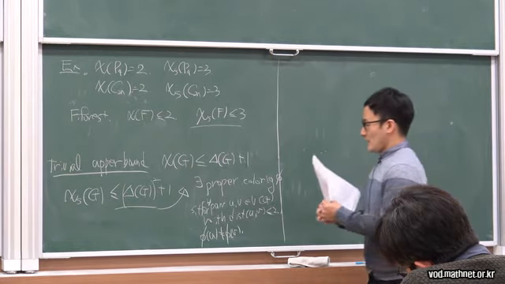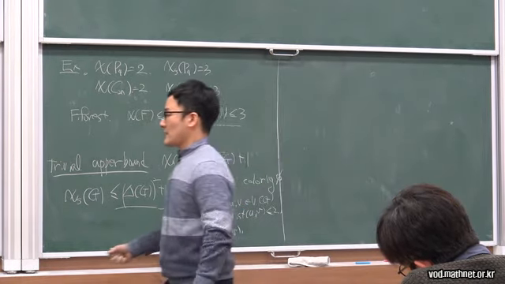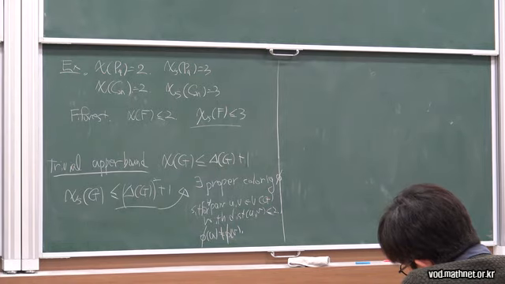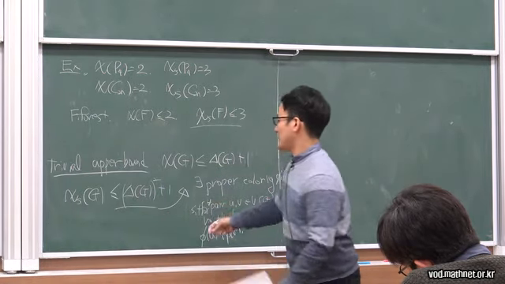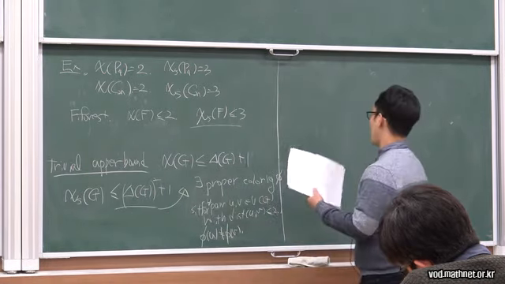Okay, and this implies that there is no bicolored P4. Okay, so you have this trivial upper bound.